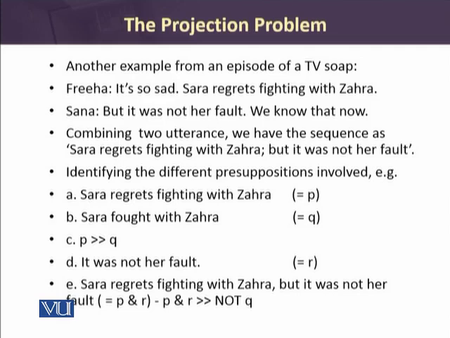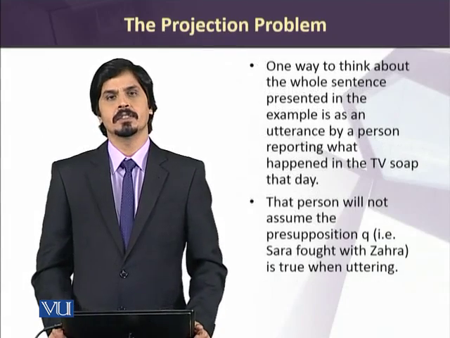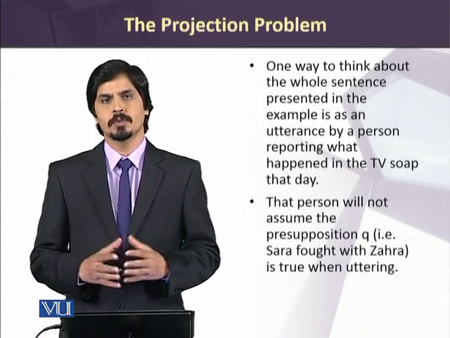The sentence "Sarah regrets fighting with Zahra, but it was not her fault" is equal to P and R. And that means, figuratively, P and R presuppose not Q. So the presupposition which was made in the first sentence, "Sarah regrets fighting with Zahra," does not remain intact. And this may be seen as the projection problem.